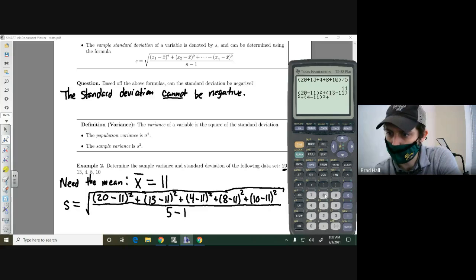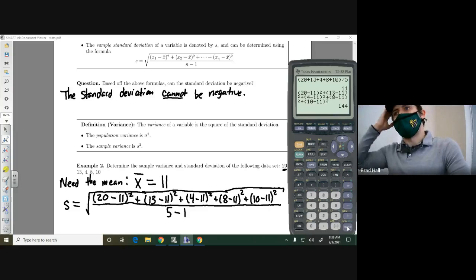Plus. And 8 minus 11, that's obviously, -3. If you wanted to do simplification like that, you're more than welcome to. Plus 10 minus 11, quantity squared. 144 is the numerator.